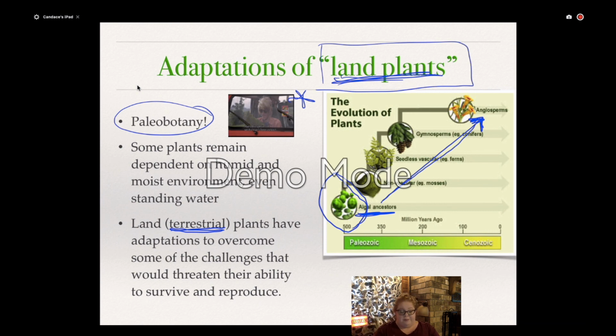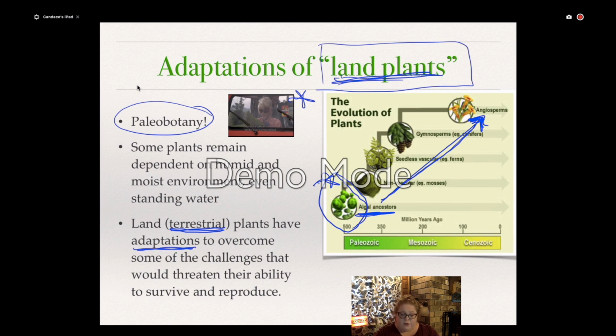That's something that things that aren't in the water can't do. Also, in order to reproduce sexually, they can produce their gametes and just move, either swimming in the water or moving in the currents of the water. Whereas these plants that don't live in the water are not going to be able to do that. And so there are some adaptations that allow them to overcome those challenges.